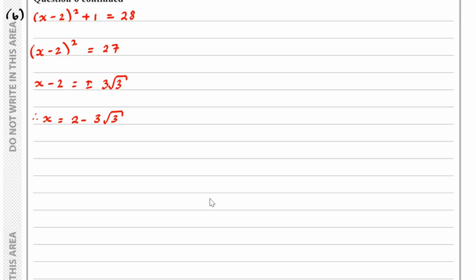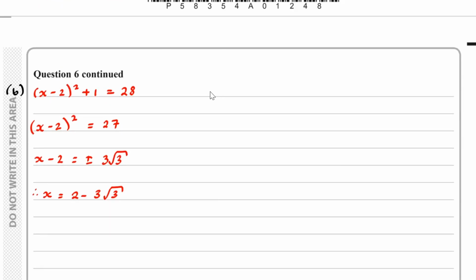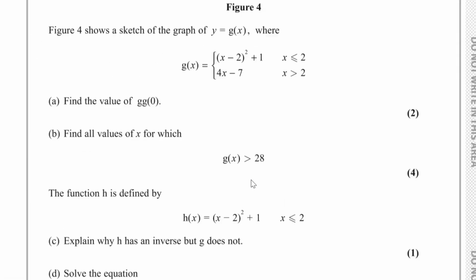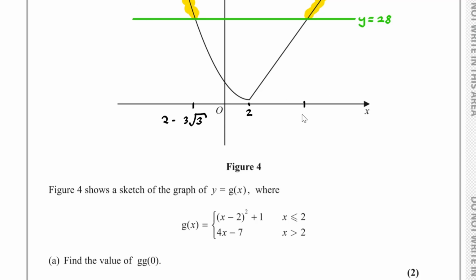And now for the other bit, we have 4x - 7 equals 28. 4x, that's equal to 35. And therefore x, that's equal to 35/4. So we have 35/4 over here.